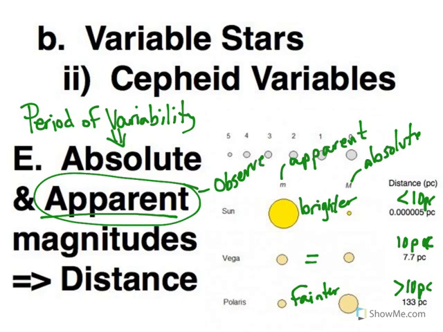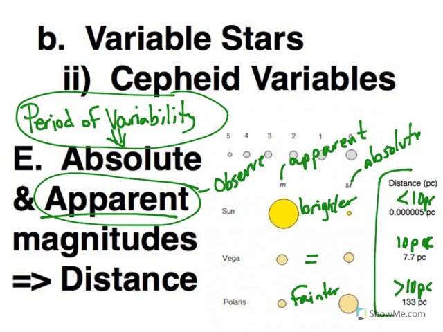You look up, you can determine the apparent magnitude. Absolute is always going to be the tricky one. And in the case of Cepheid variables, our trick to get the absolute magnitude is the period of variability. Once you know those two values, we can determine how far away that star is.